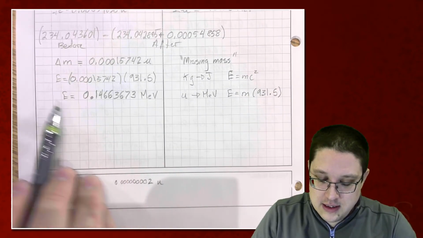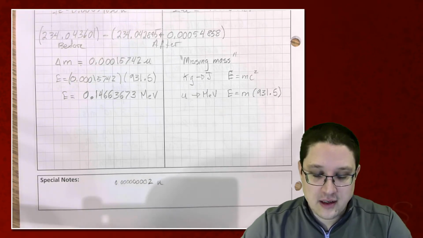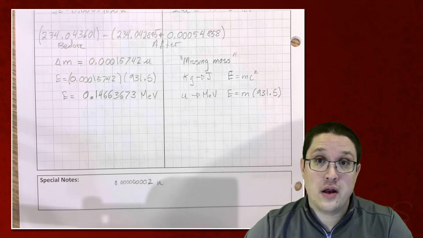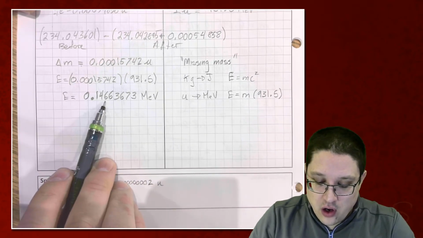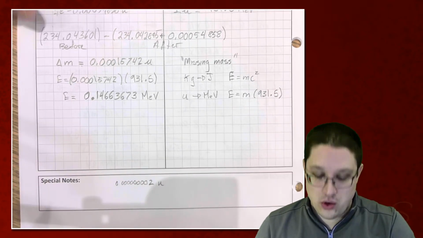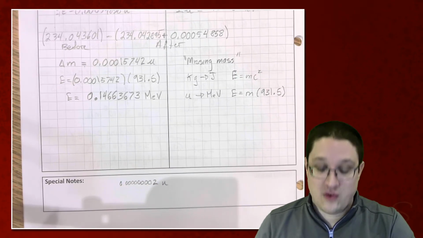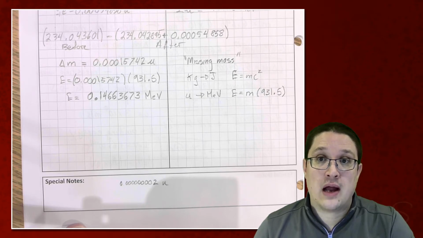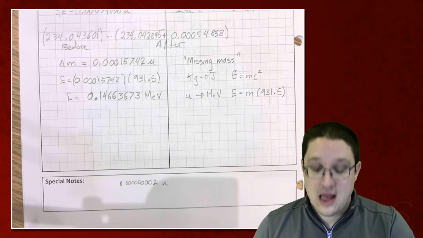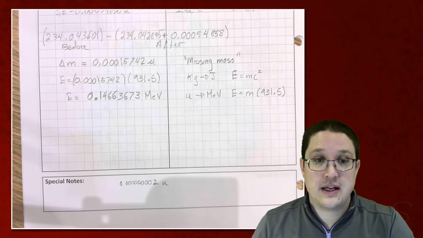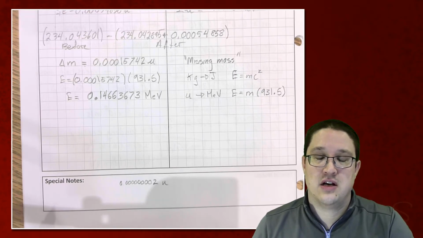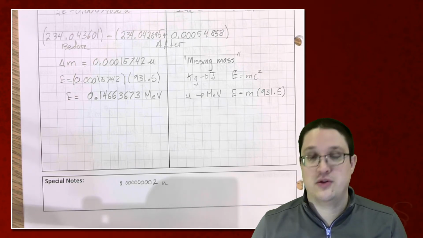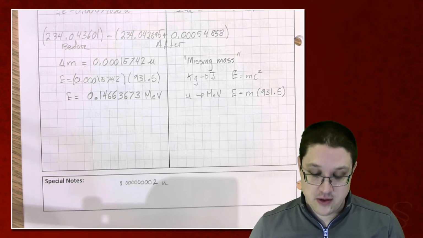But this is still quite a lot of energy, considering that this is only one reaction. So here I've got approximately 147,000 electron volts of energy. In comparison, most chemical reactions release energy on the order of single electron volts or tens of electron volts. So this is many times more energy than is released by chemical reactions.